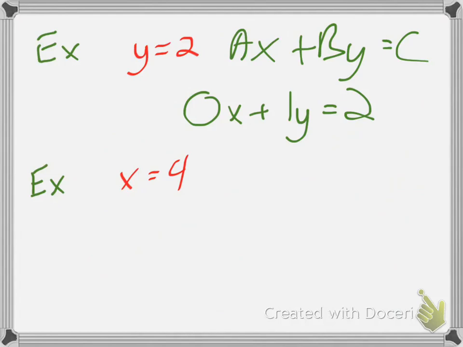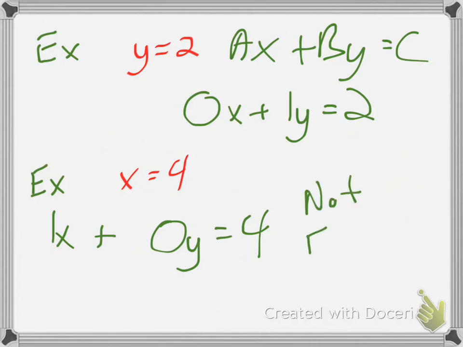Now this one down here is a little tricky because it's like saying 1x plus 0y equals 4. The only problem with this is that it's not a function. Because remember, functions have to have exactly one y for every x.